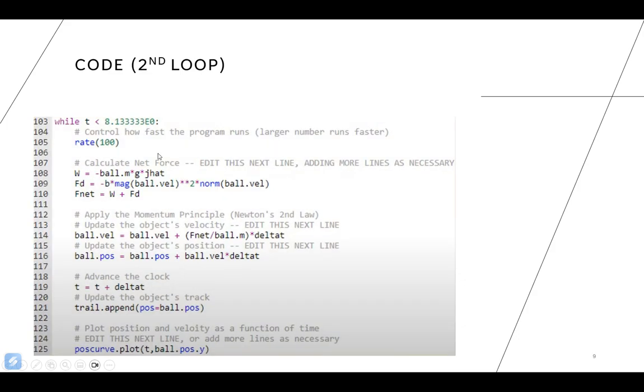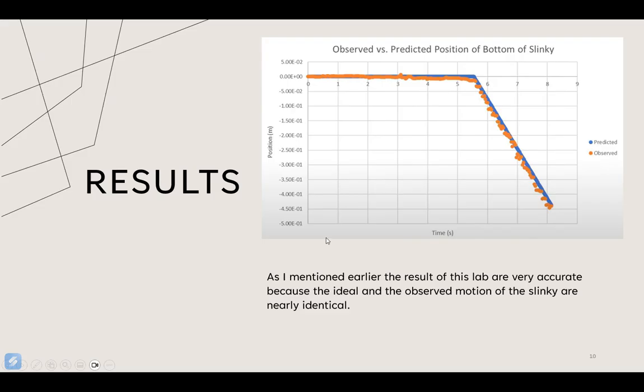In the second loop, you see it goes to 8.13 seconds. For our net force, we have the force of gravity and the force of the drag. We add those to get Fnet, update velocity and position again, change the clock, and plot that curve.